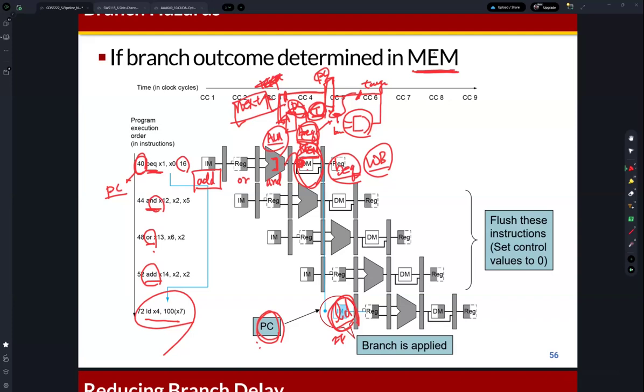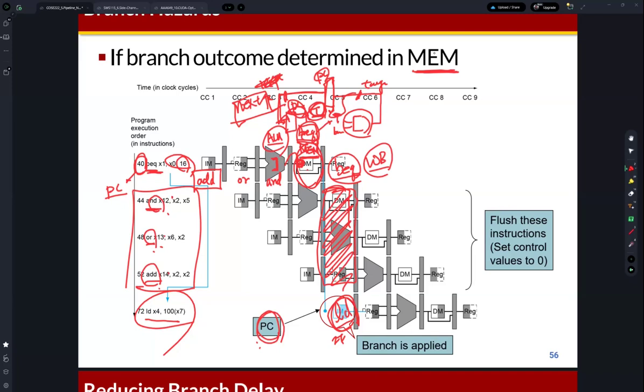Okay. Using this PC, then the load instruction is fetched. Then we can observe that these instructions are incorrect instructions, right? Because the condition of the branch is true. And then we observe that the three incorrect instructions, and, or, and add, are already in the pipeline stages.